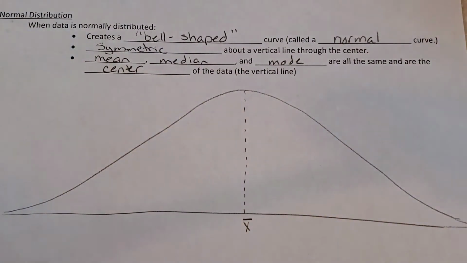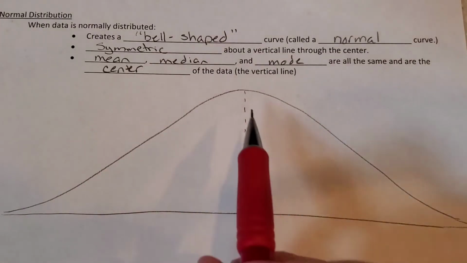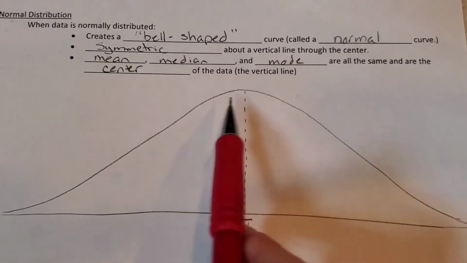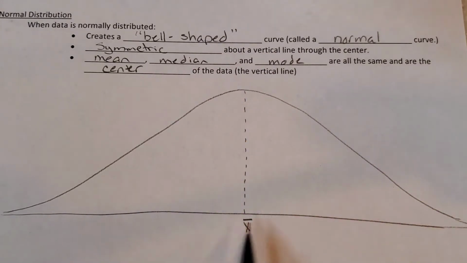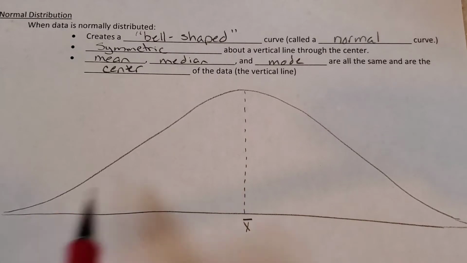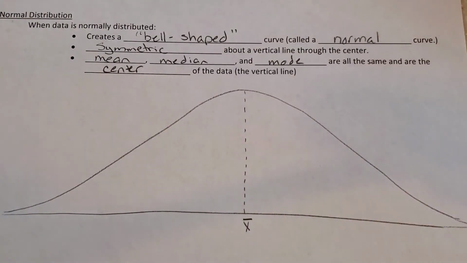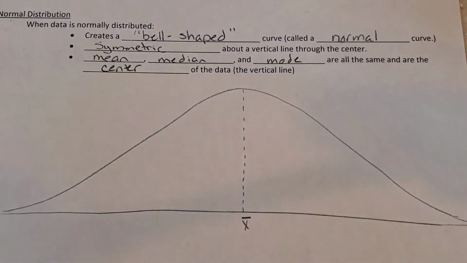We're mostly worried about it being the mean, but it is also the median and the mode of that set of data. The left side is identical to the right side. You get a majority of your data centered here around the mean, and then it tails off to the edges.